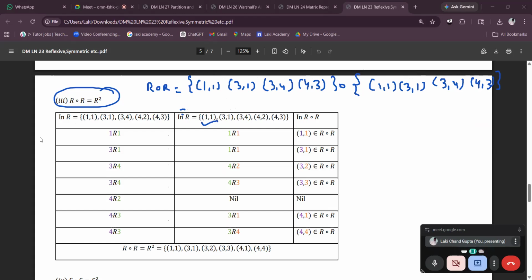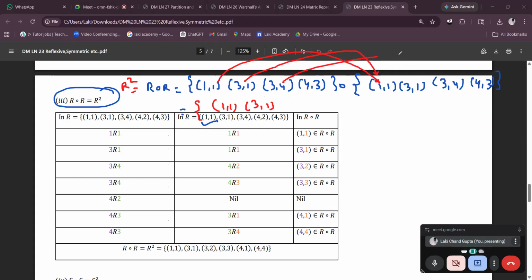See, 1 comma 1, right? So this is matched. So you will get 1 comma 1. Understood? 3 comma 1, 1 comma 1. So you will get what? Yes. R square means what? R of R. Understood?